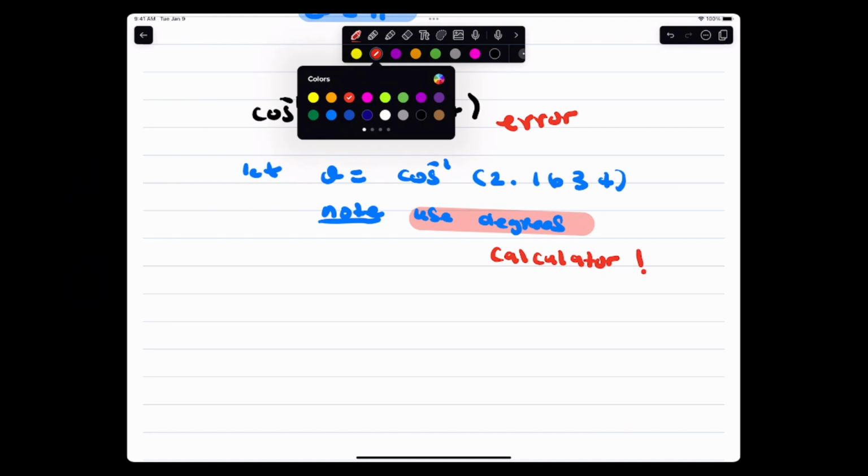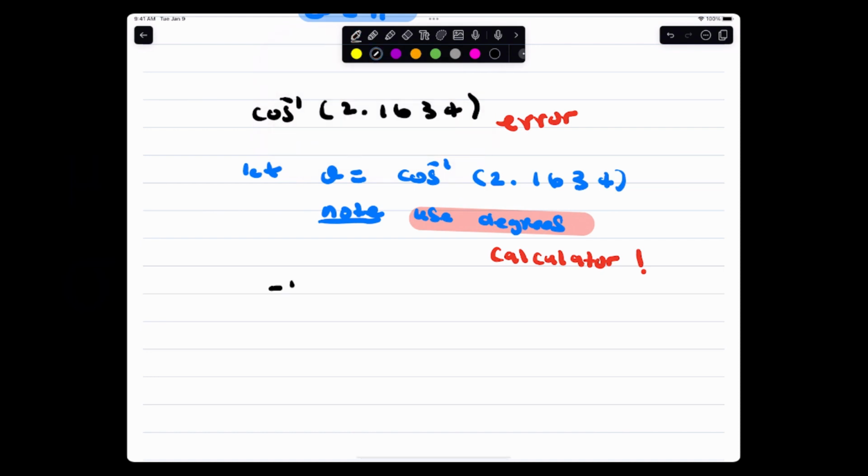Here's the fact. That cosine will always be between negative 1 and positive 1, just like sine. And so using the definition like we did earlier, we're saying cosine theta is 2.1634.